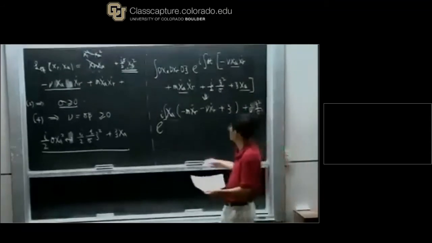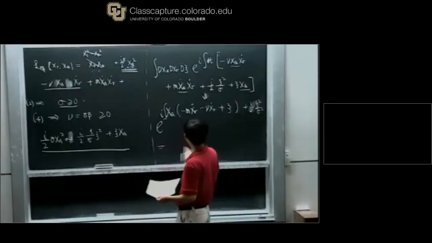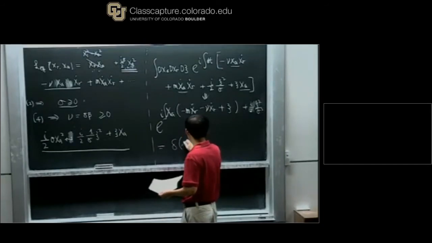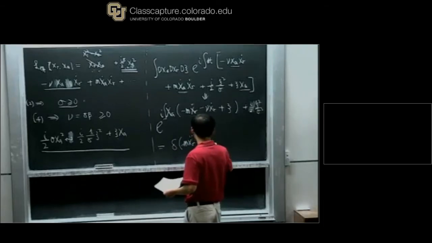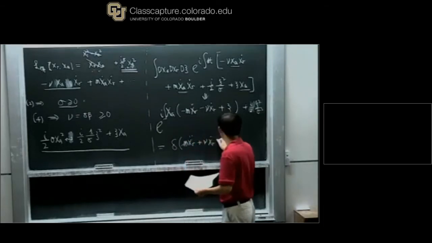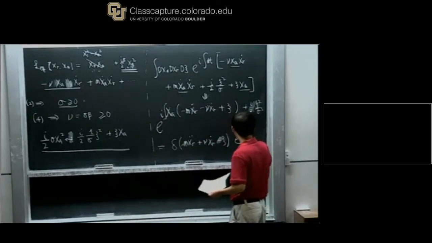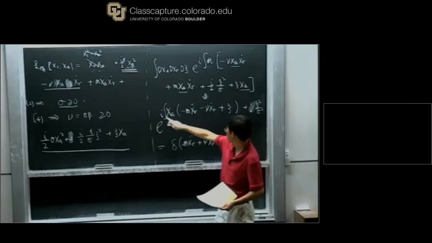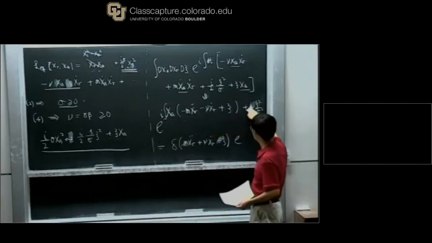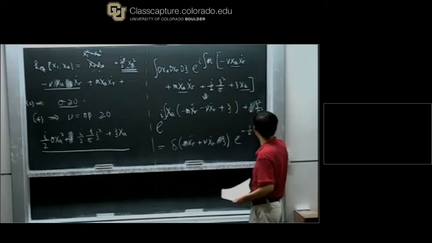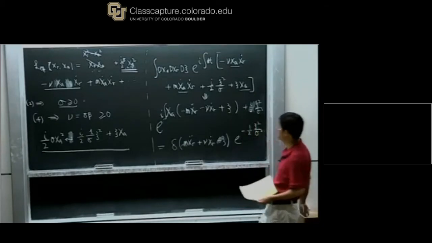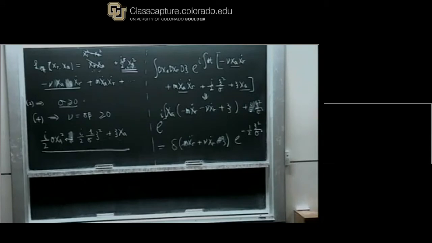When you do the path integral, this just becomes a delta function: minus m xr double dot plus nu xr dot plus psi, minus psi. And then you have this Gaussian. Now this I, and this I, is crucial. It now becomes a Gaussian.